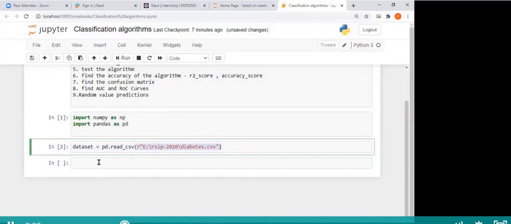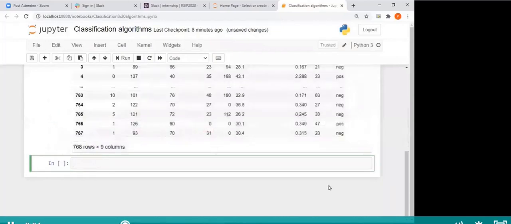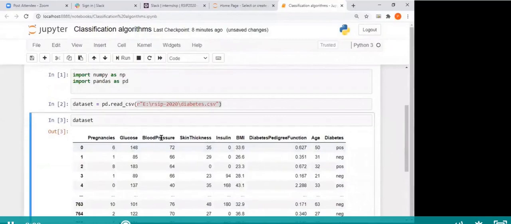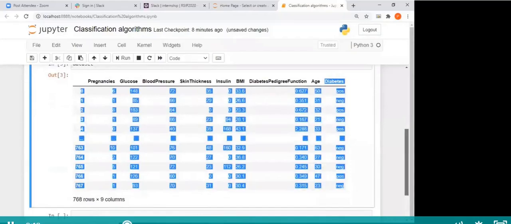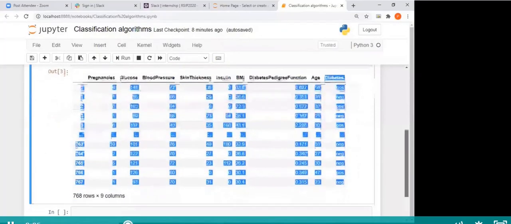I've read the data set, and let's see what values we have. Here I have pregnancies, glucose, blood pressure, skin thickness, insulin, BMI, diabetes pedigree function, age, and diabetes is the last column.